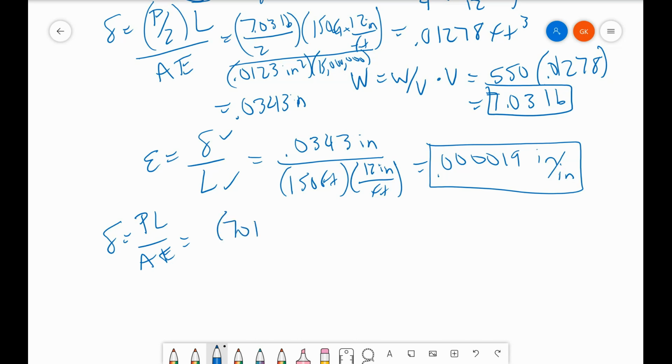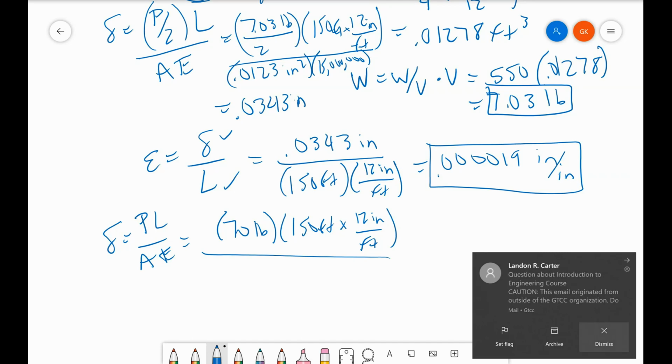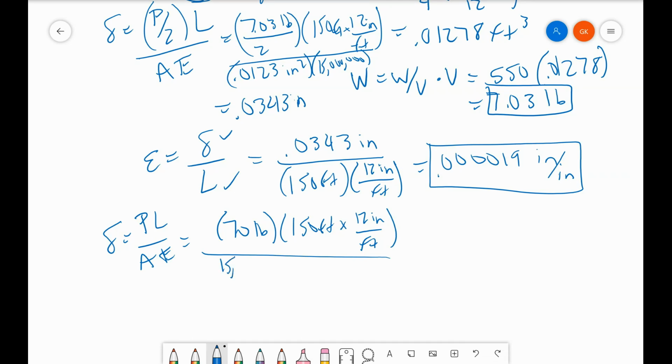So it's 70 pounds times the length, 150 feet times 12 inches per foot, all over the modulus of elasticity, 15 million psi, times the area of 0.0123 inches squared. We plug that in and we get 0.683 inches.